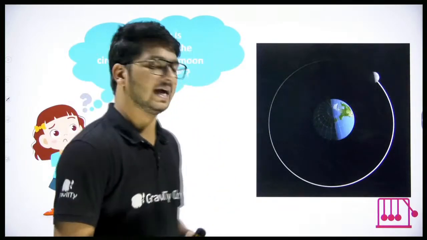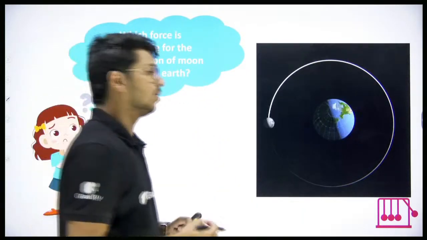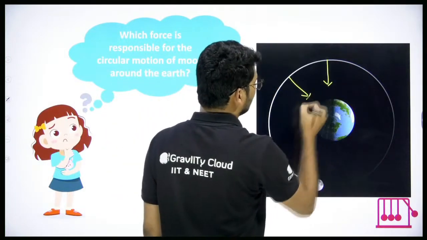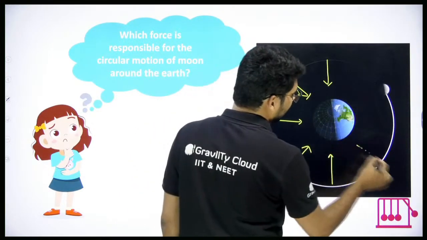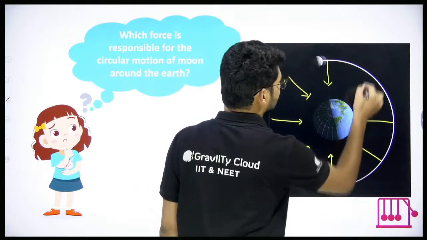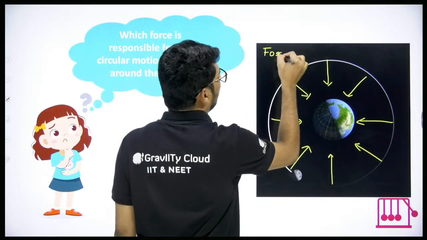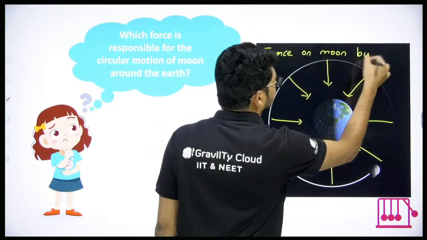And we discussed that there is only one possible object that can exert the force, that is force on the moon by the earth, and it will be towards the earth. Yes or no? I'll write it as force on moon by earth.